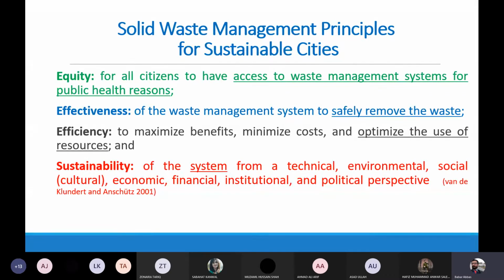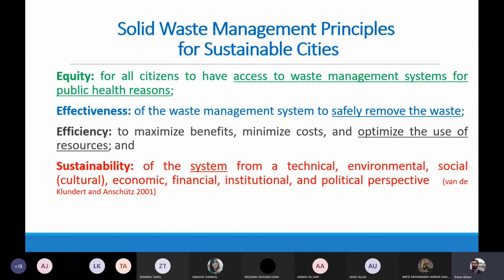You must have a strong institution for the implementation and maintenance of the solid waste management system. If your institution is not strong enough, you won't be able to implement the solid waste management system in the entire city on an equal basis and on a regular basis, to make it more efficient.